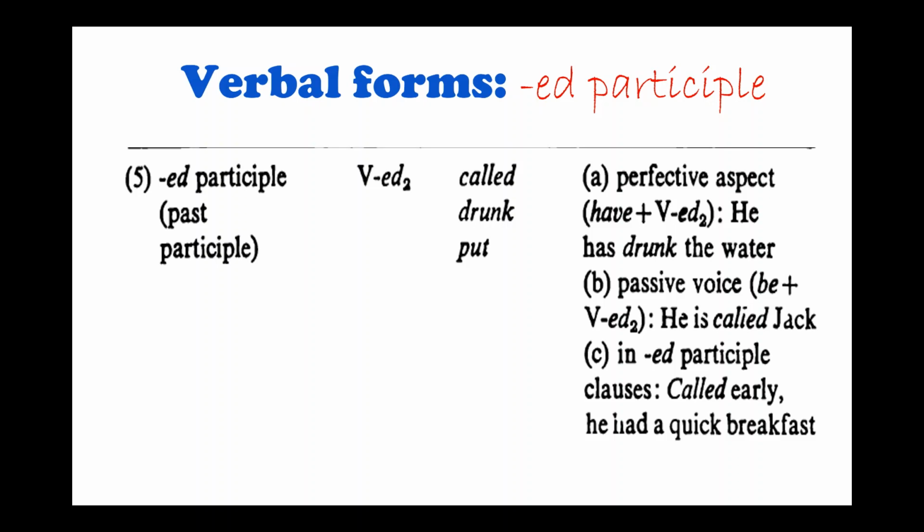And the third scenario, in which we use the ed past participle, is in ed participle clauses, such as this one: called early, he had a quick breakfast. Now, called early, this is a clause, and it is known as an ed participle clause.